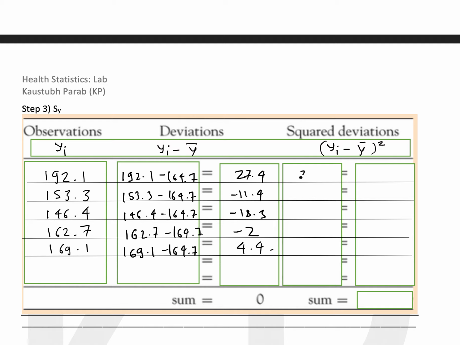So after that, just take the square of those terms. That will be the third step. So first is mean, this is second, third.